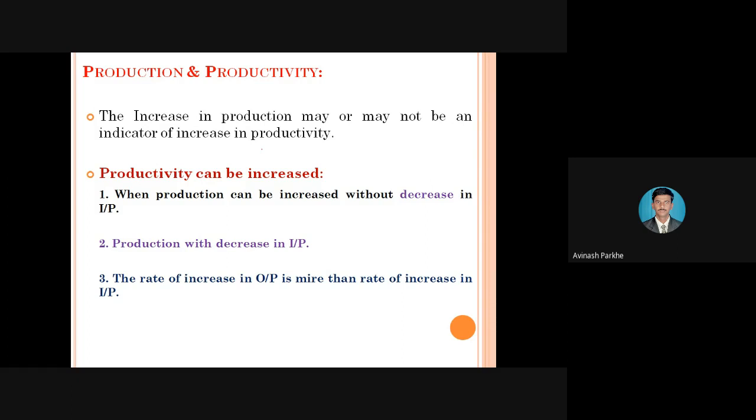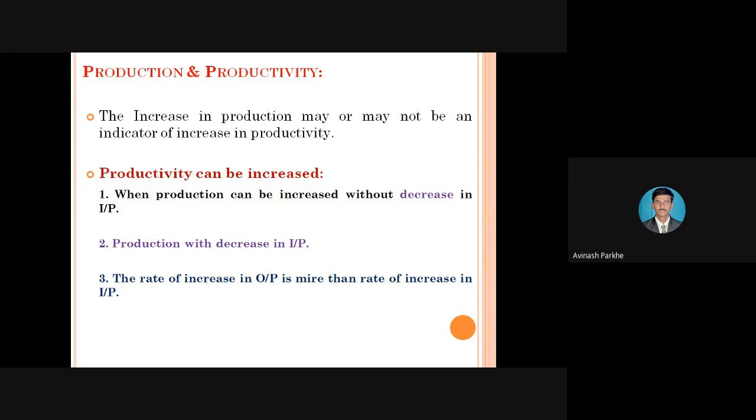But if the input resources also increase to increase production, I cannot say that productivity can be increased. Therefore, production may or may not increase your productivity.